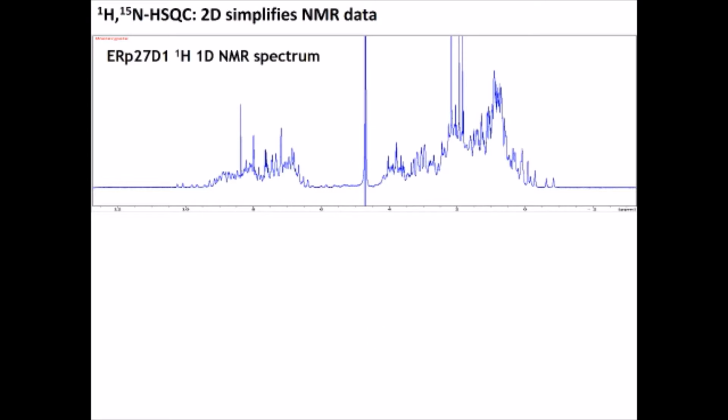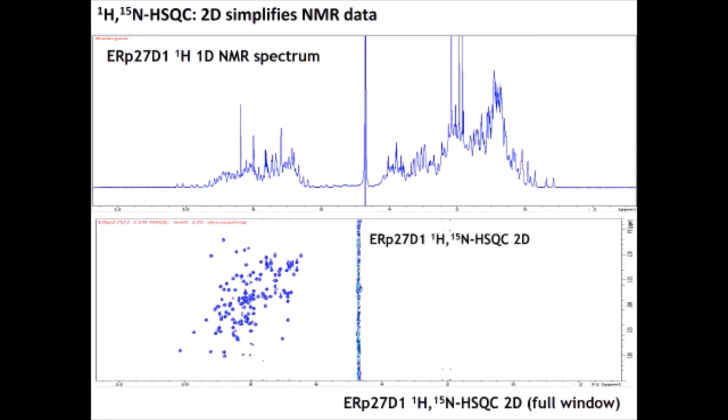So, for example, this is the proton NMR spectrum of one protein, which has, as you can see, many peaks, and this would be the HSQC proton nitrogen-15 NMR of that protein.